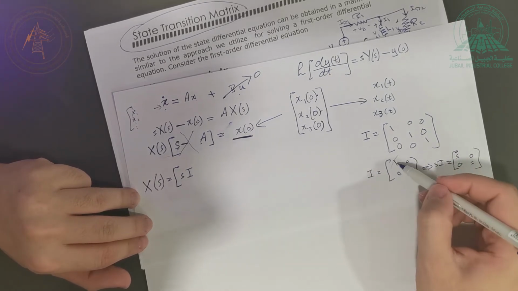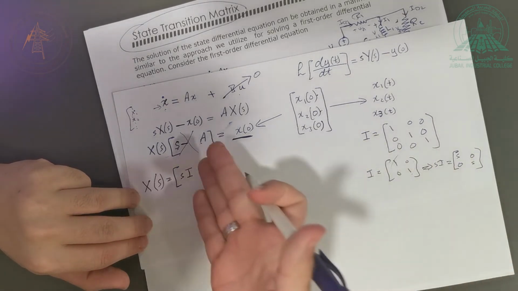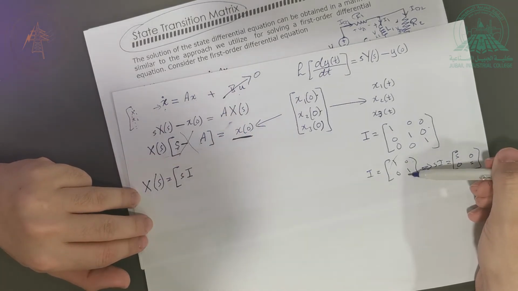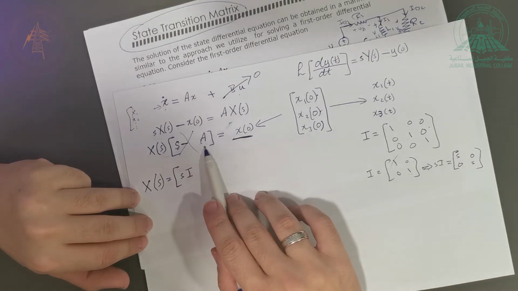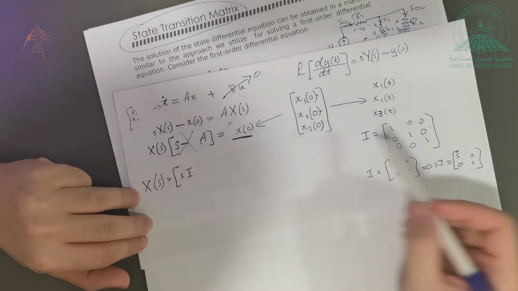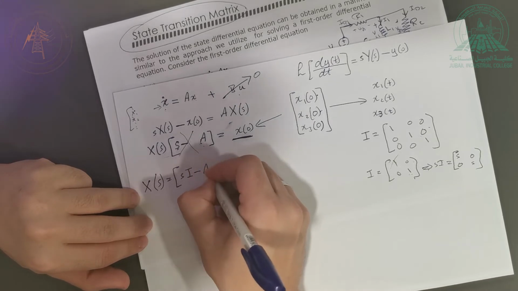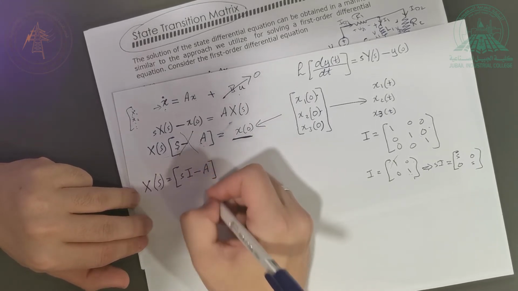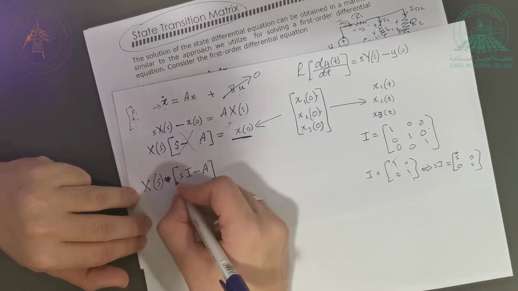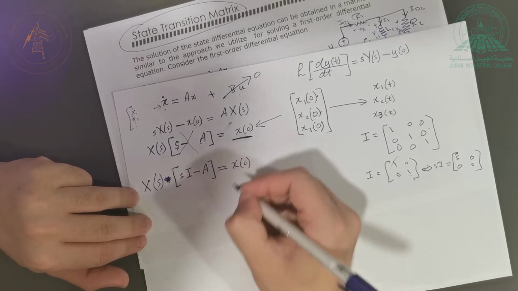Now it becomes a matrix, and I can subtract A from it. Now which identity matrix do I use? It depends on the size of A. If A is 2 by 2, you use this. If the size of A is 3 by 3, you use this. Okay? So it's sI minus A. Oh, sorry. Here, common factor. We don't have an equals here. So X(s) multiplied by (sI minus A) equals X(0).